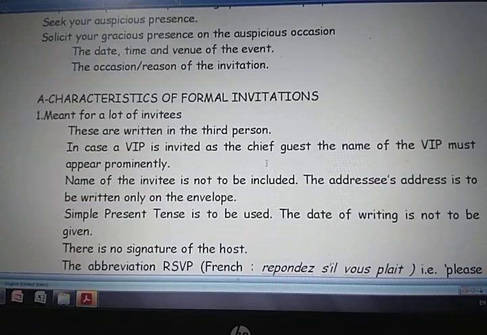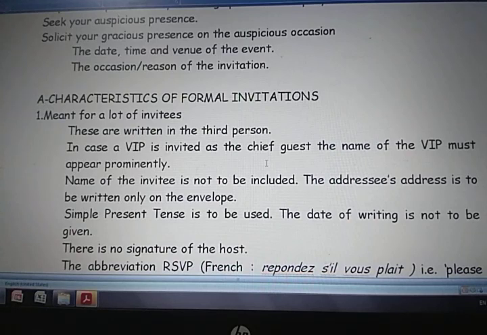Clear? So here already I told you, there are two types. Number one, meant for a lot of invitees. We go card type. You see, for inviting the people for marriage, we go for a card. Nowadays, a number of cards are included in that one. But it is a card. It is not a letter type. Clear? So what should be the language?